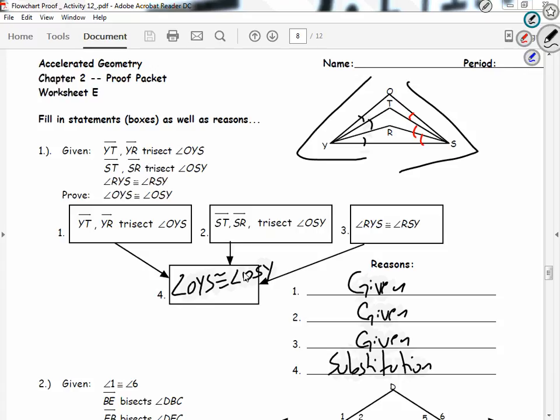When you have to fill in your blank, I like to skip the last statement and one of the given reasons and have you fill in the rest. I like to give you at least two free ones.